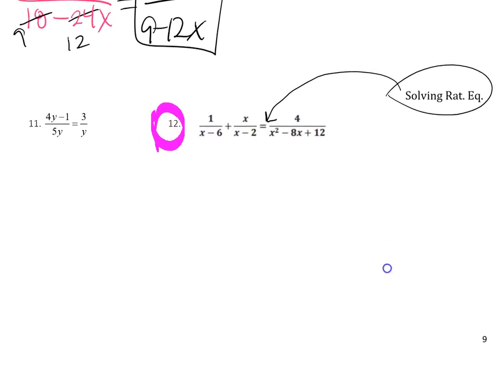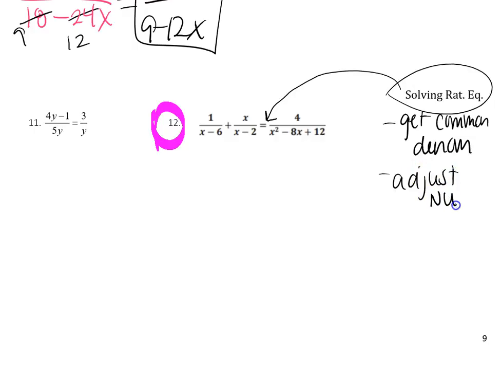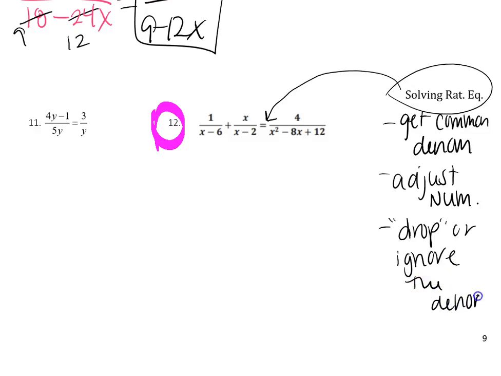When I solve rational equations, I still get a common denominator. But once I adjust my numerators, I can drop or ignore the denominator. Okay, and you'll see me model that in this problem.